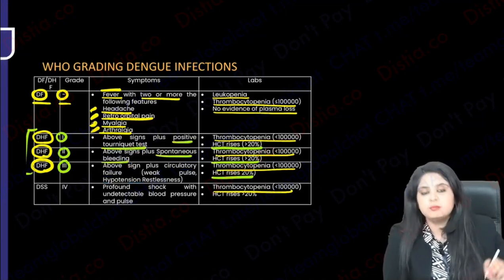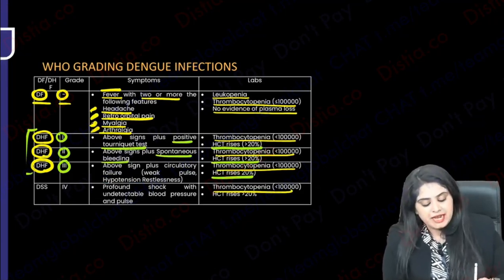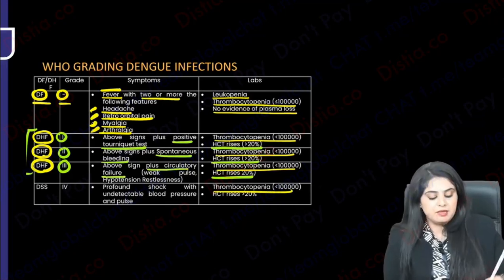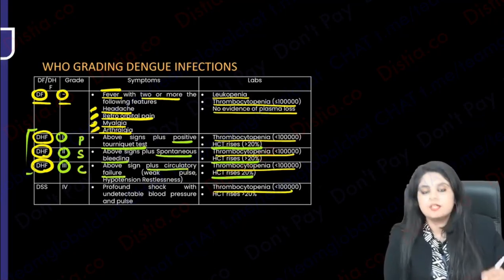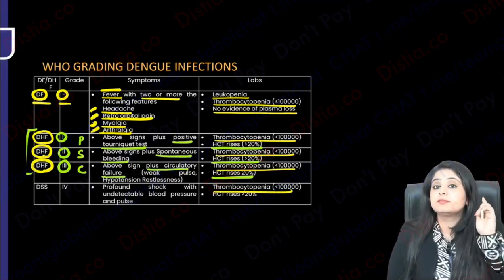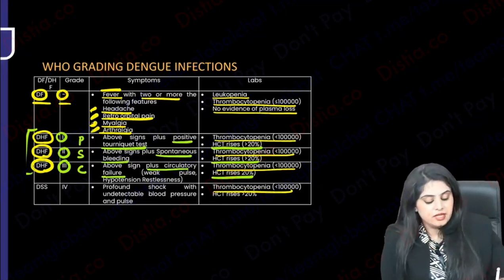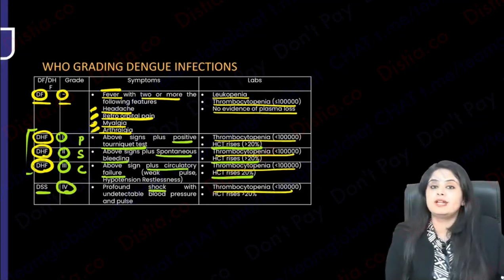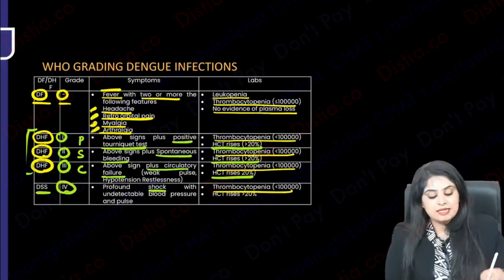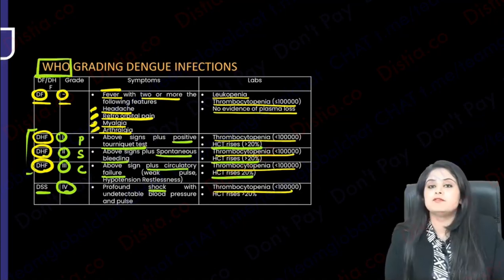If spontaneous bleeding has happened, that is grade 2. And if circulatory failure starts happening, that is grade 3. So remember PSC: positive tourniquet test, spontaneous bleeding, circulatory failure, that is grade 1, grade 2, grade 3. Because once the patient goes into shock, you will call it grade 4, and that is dengue shock syndrome. That is the WHO grading that you have for dengue.